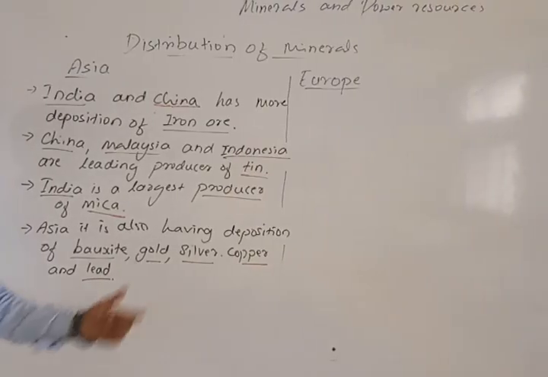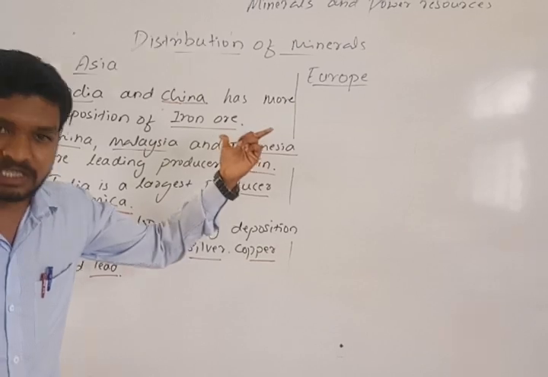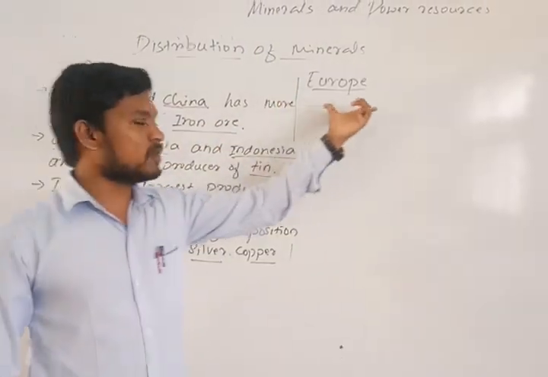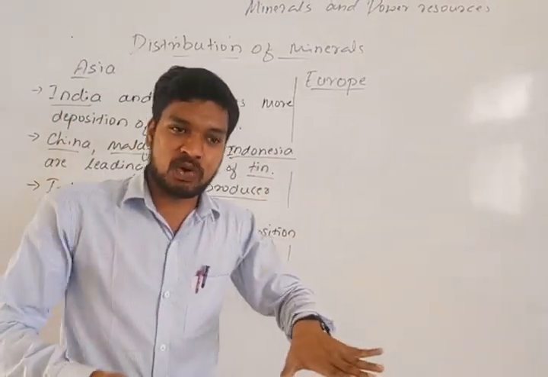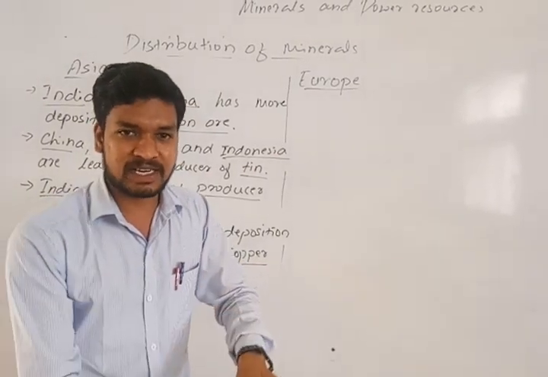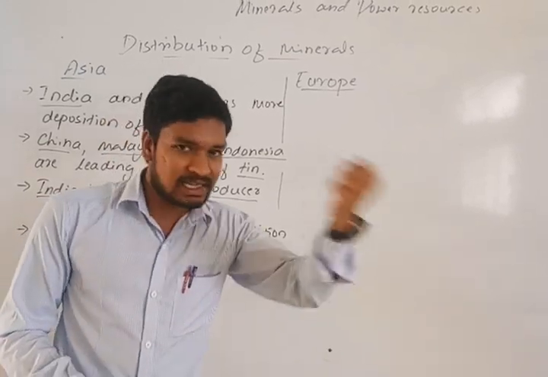Europe is a leading producer of iron ore. Asia is a leading depositor. It's the largest depositor of iron ore in the world, but Europe is the leading producer. We have a deposition of iron ore in Asia, inside the earth, beneath the earth's crust, but we have not extracted it.